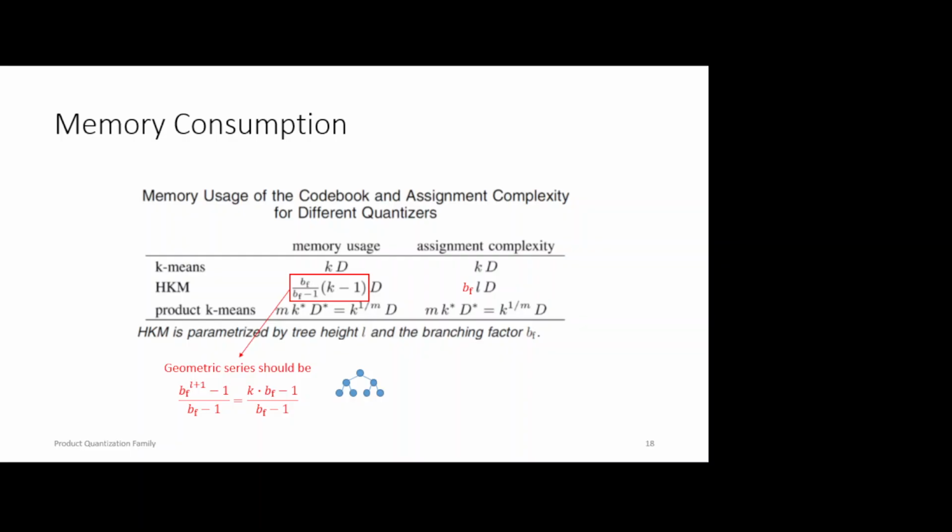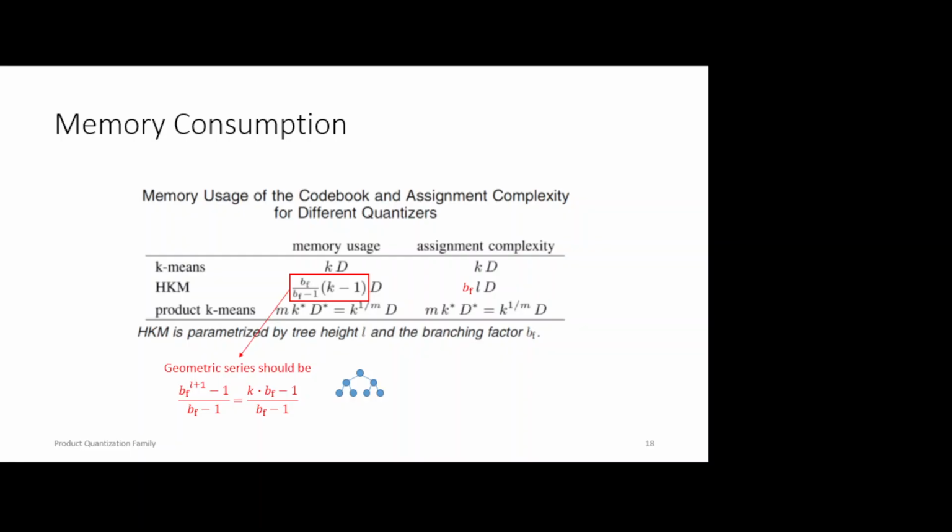No more K; sometimes K is very large, but here K is replaced by BF times L. BF is your branching factor. Here we have two branches, so BF is 2. L is your level. Here there are 2 levels, so L is also 2. It's much smaller. So if you use HKM, you can get an excellent speedup when doing the assignment.